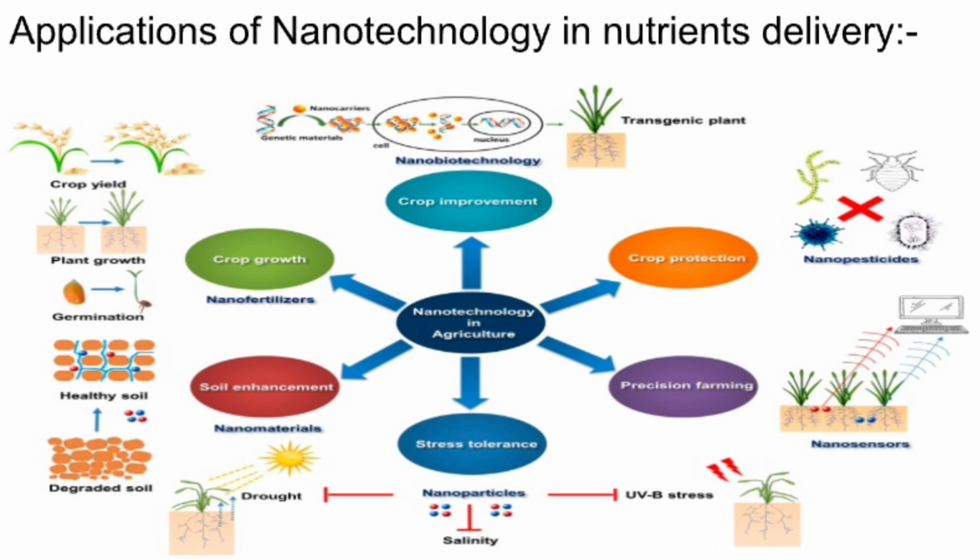Nano fertilizers are used to increase plant growth. Also, they increase the yield of the plant. It gives better results. These are some applications of nanotechnology in nutrient delivery.